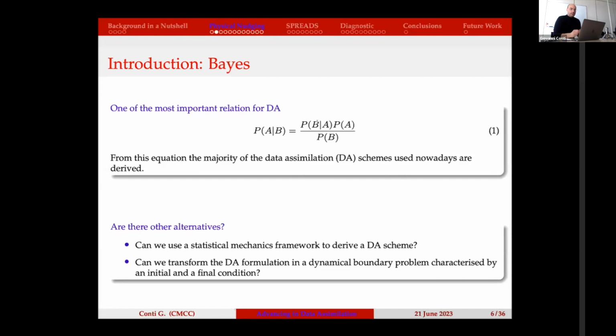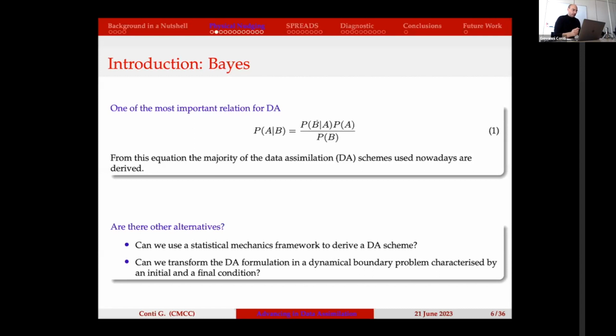The point is that this means all these schemes are completely derived by a statistical process, and they provide really interesting and reliable results. In fact, we are able to progress in the analysis and then in the climate study.